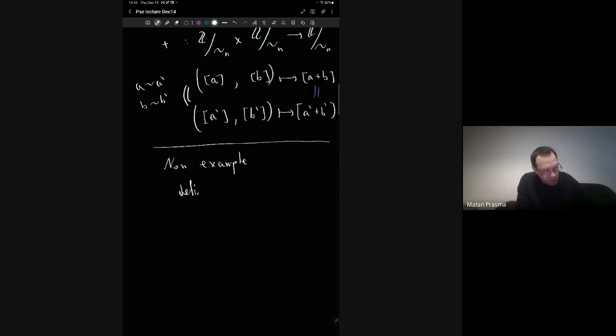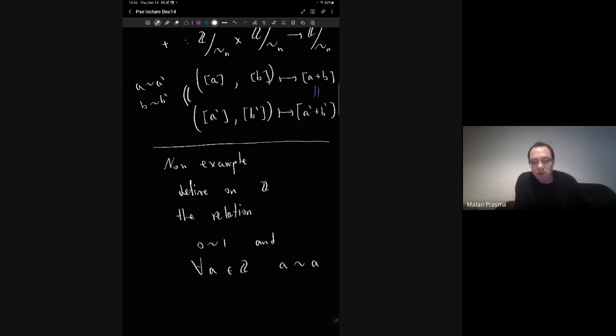Define on Z the relation: let's identify 0 and 1. 0 is identified with 1, and for any A, of course, I need to say that A is equivalent to A.